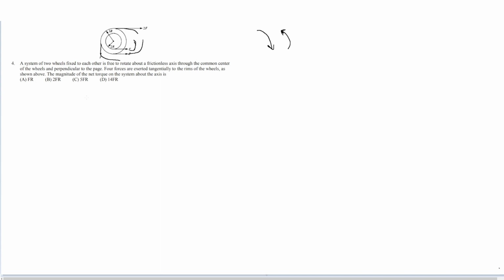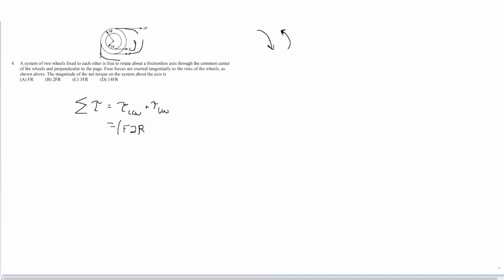So what we can say here is the net torque on the system is equal to the torque counterclockwise plus the torque clockwise. For the counterclockwise torque, for our first torque, we have a force of just F and a radius of 2R, so F times 2R.